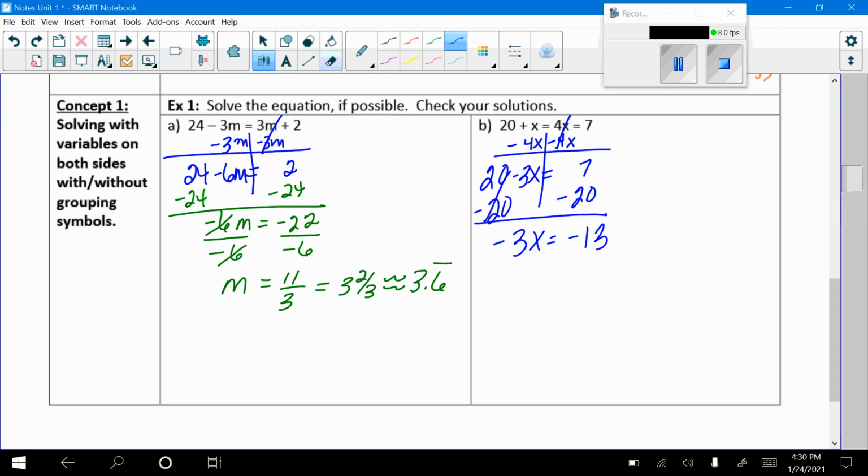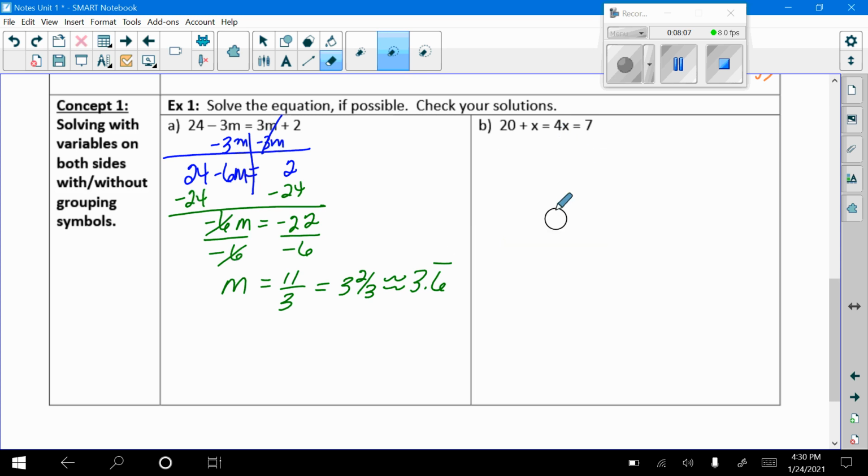Let's redo this. I'm looking at my problem here and I see I have two equal signs. Let's make this a negative 7 right here. There we go. Now that's a negative 7. That makes life so much easier. Line down the middle here. That's a negative 7, so I can go minus the 4x, minus the 4x.